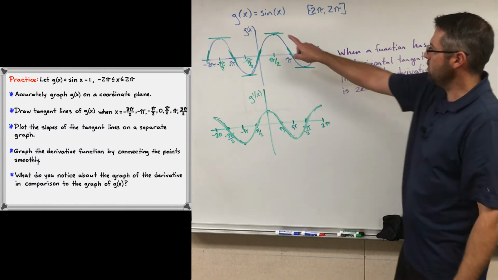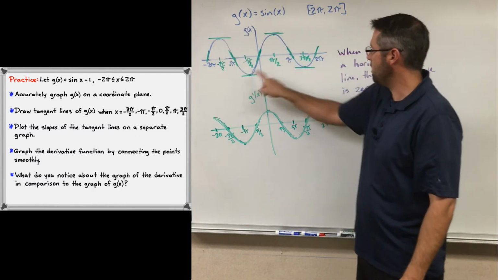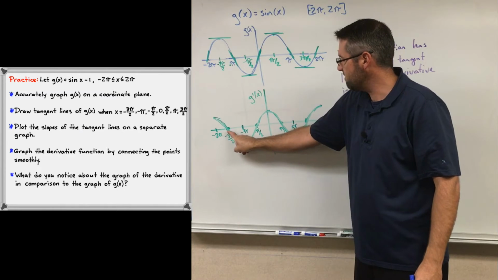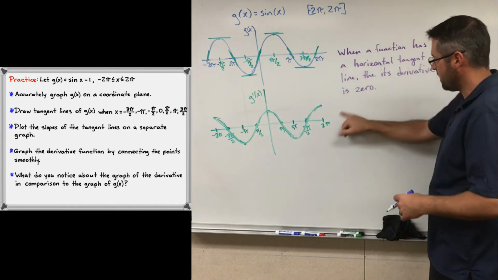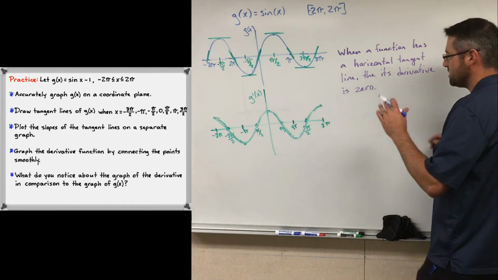Okay? So horizontal tangent line, there, and there, so we can see that the derivative has zeros at those 4 places. Now that seems like kind of an obvious one. We kind of stated that.